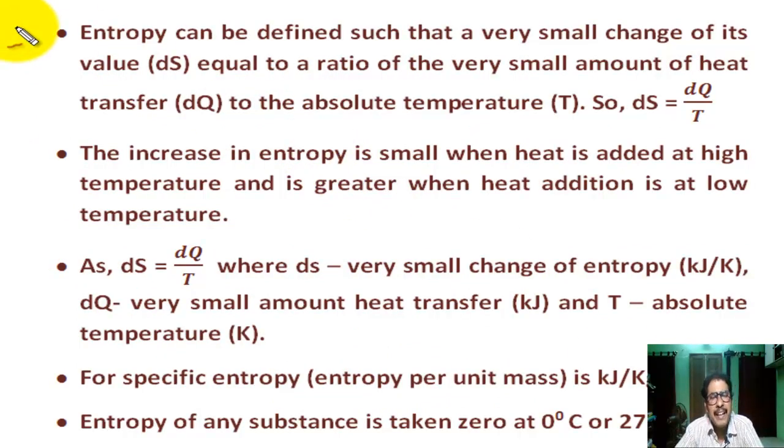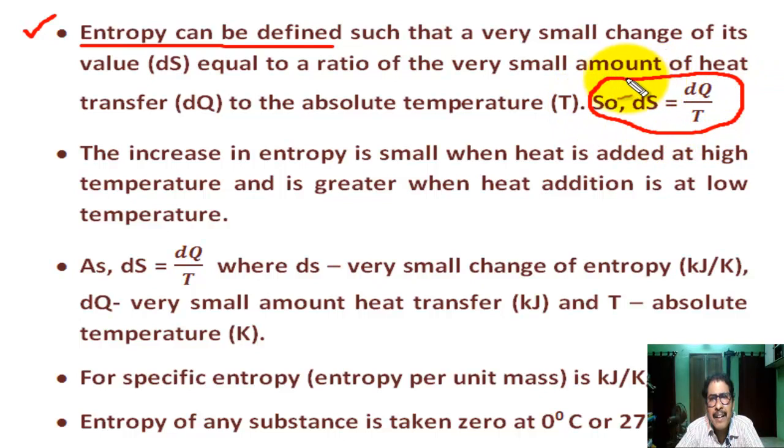In a simple way, we can define entropy. Entropy can be defined as dS equals dq by capital T. dS means change of entropy, dq is the change of heat transfer, T is the absolute temperature.